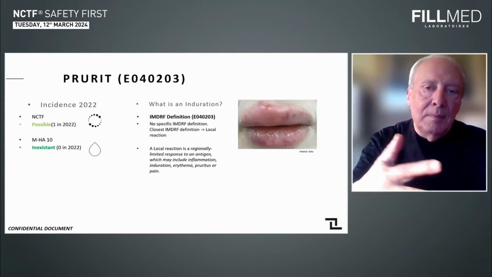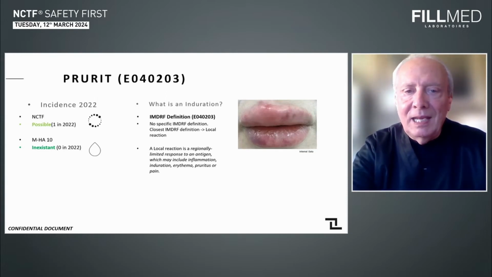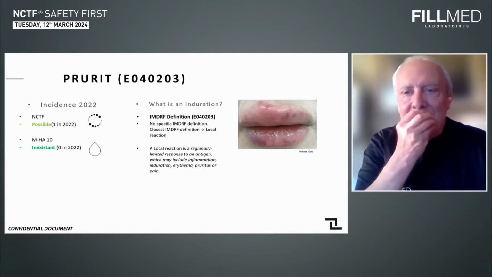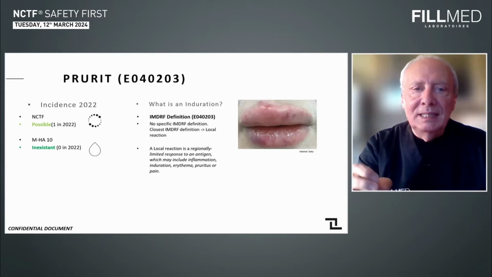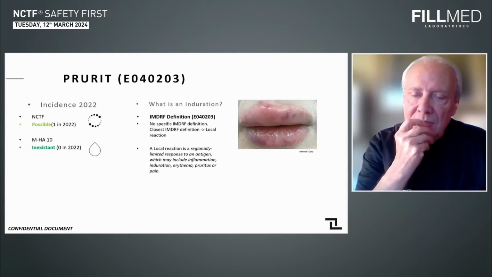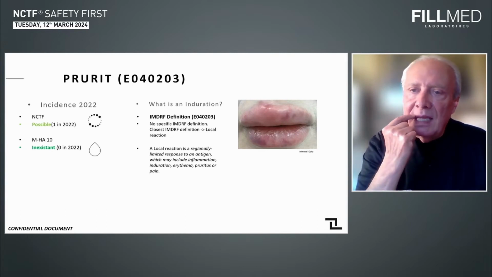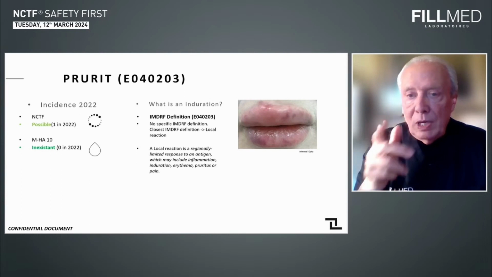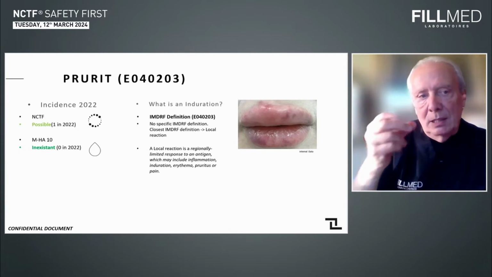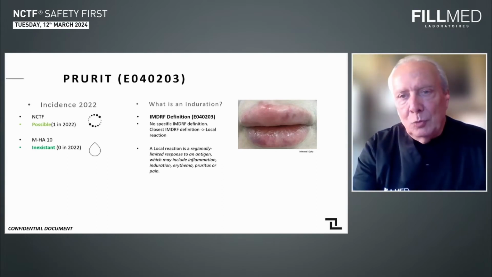Then we have this particular case where many injections have been done with some induration. You see many bruises that appeared locally, and a little bit too much material injected.